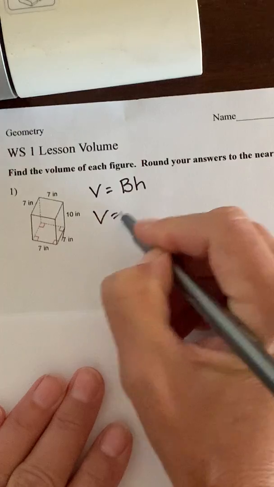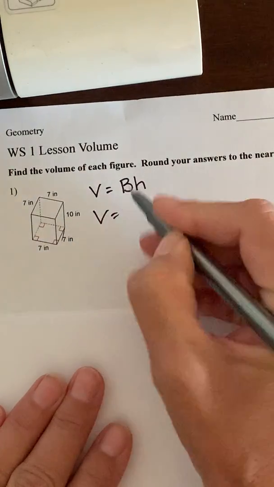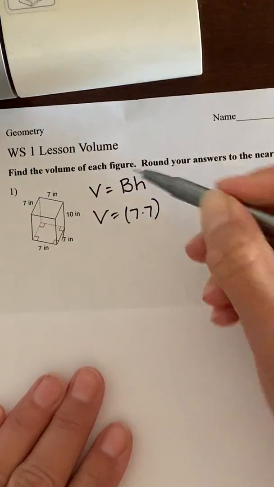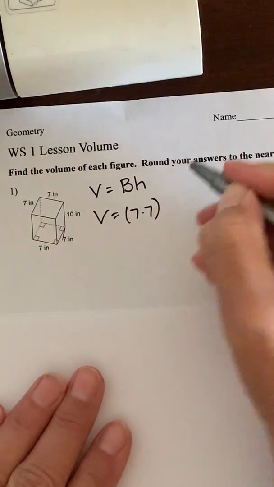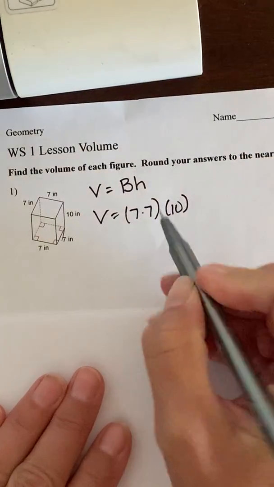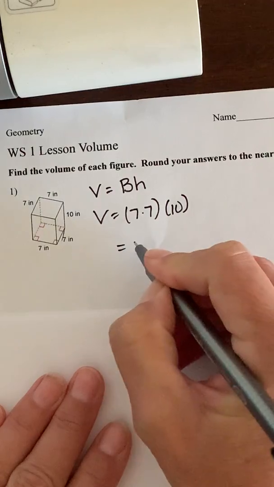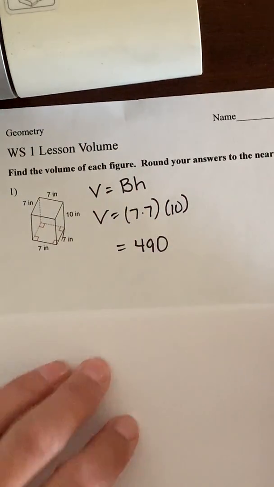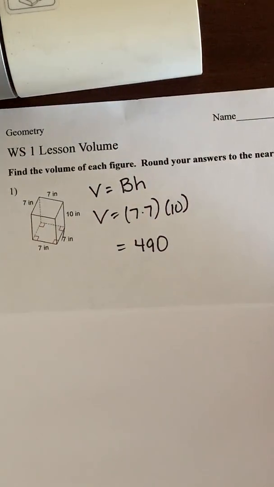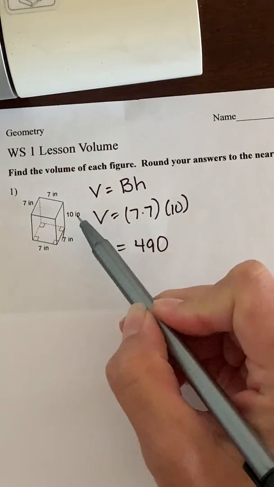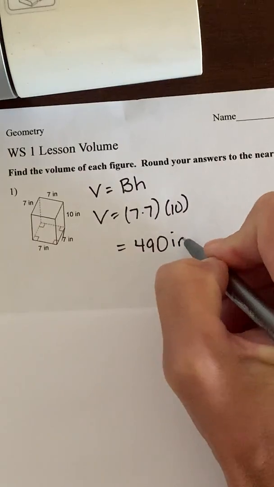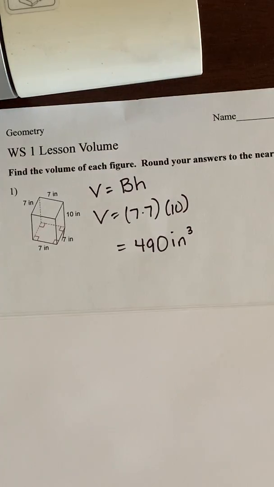So the volume will be the area of the base, which is 7 times 7, times the height of the prism, which is 10. So this would be 49 times 10, or 490. The units for volume are cubed because we multiplied an inch times an inch times an inch. So it's inches cubed, or cubic inches. Okay, so that one's pretty easy. If you want to pause the video right now, you should be able to do the first 2 problems on your worksheet, just like it.